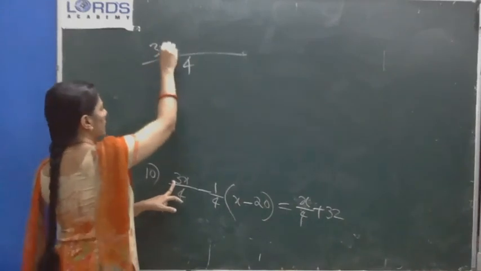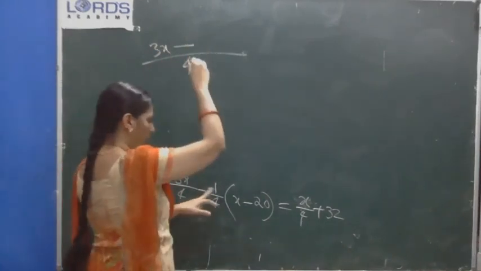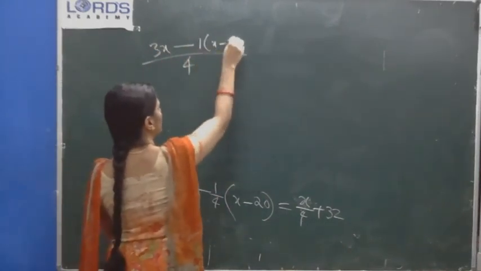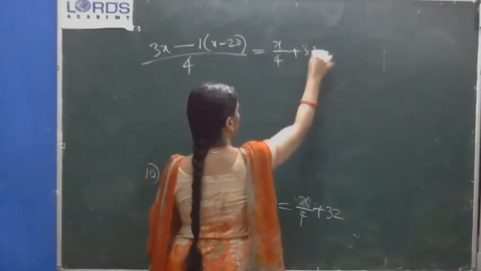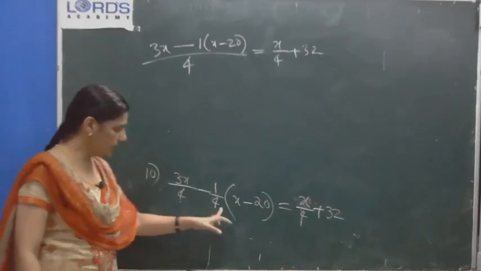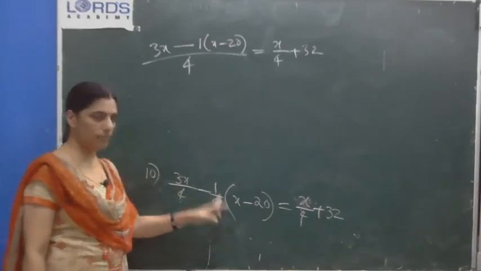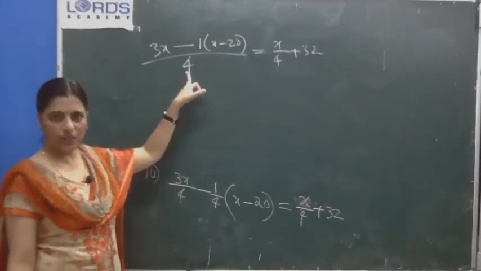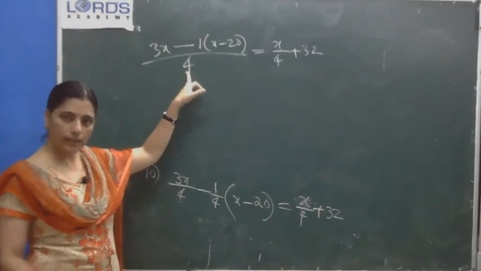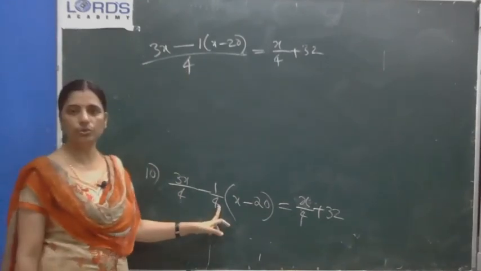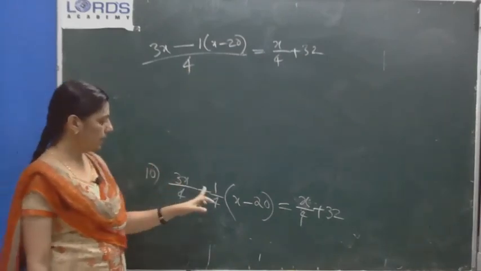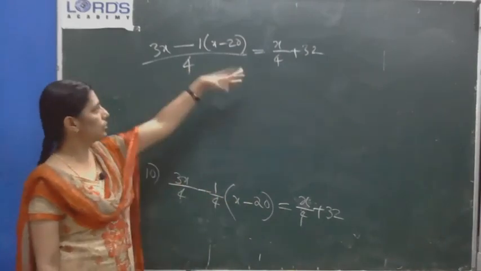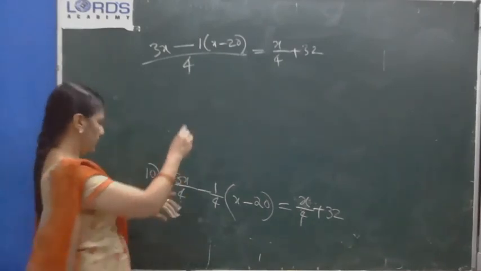So 3x minus 1 into x minus 20 equal to x by 4 plus 32. First step is okay. By God's grace, this denominator is the same, 4. So I no need to find the LCM and all. I wrote under 1 4. This is 3x. This is negative 1 into x minus 20. Correct? First step okay.